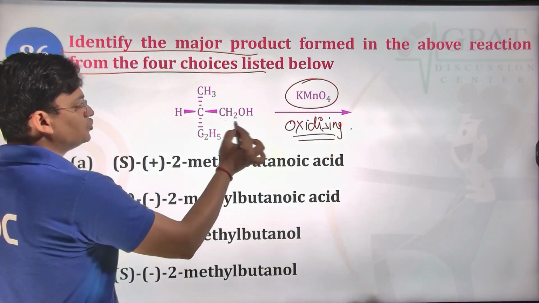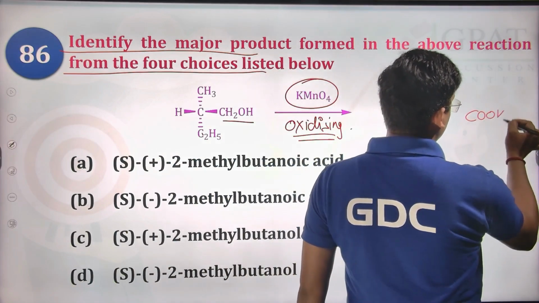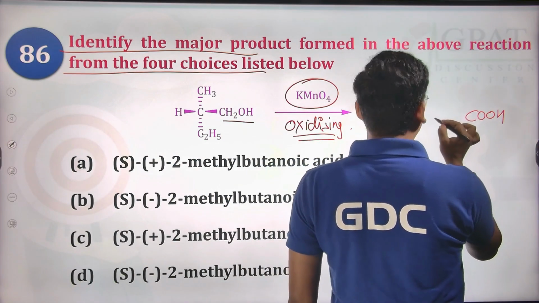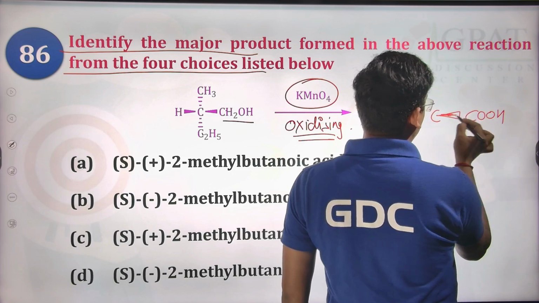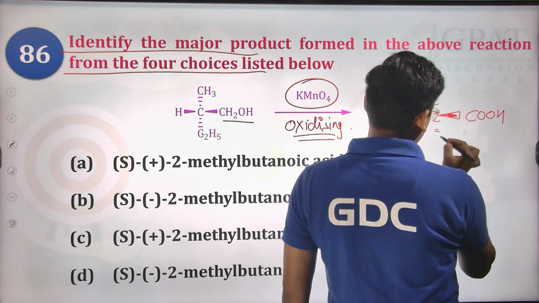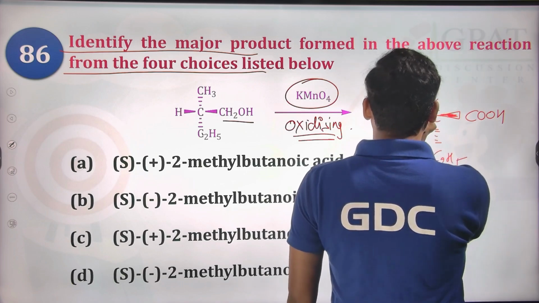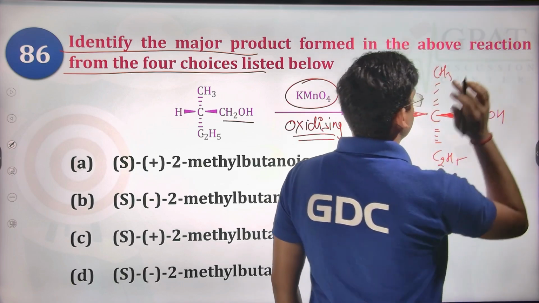So this CH2OH will be oxidized into a COOH group, and we have C2H5 and CH3.